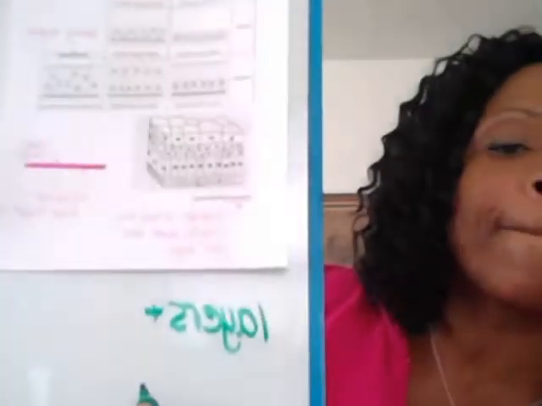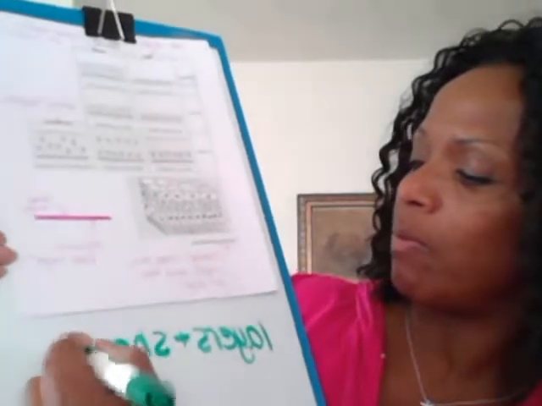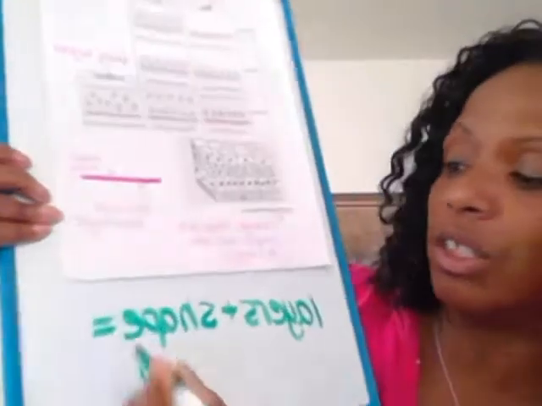If I were to look under a microscope, I would create my own equation, which would be the layering plus the shape equals the type of epithelial tissue.